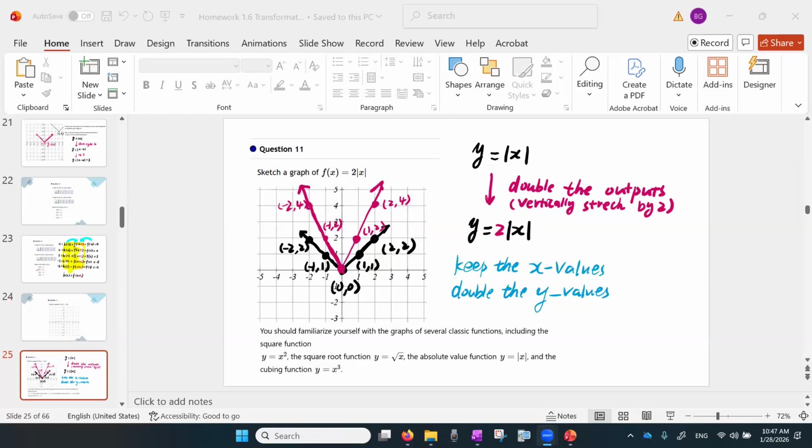This is a transformation of the absolute value function. This is a vertical stretch by 2. Absolute value of x is the y. When you multiply the y value by 2, it means you doubled the y values, right? You keep the x value, double the y value, find some convenient numbers.